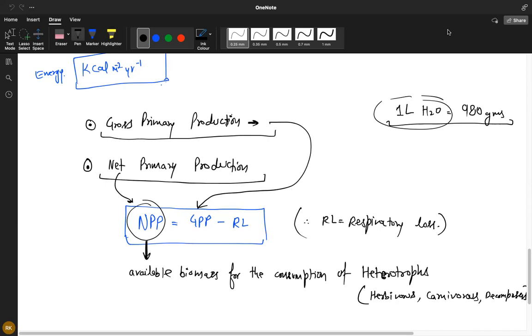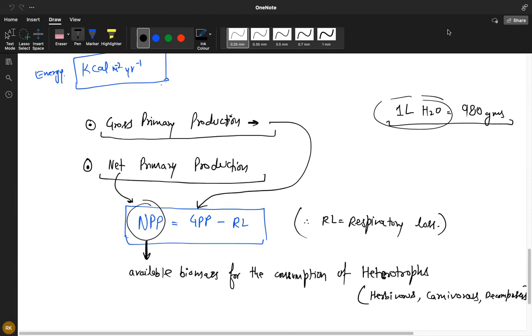As you have told me that you have done pyramids, please just go through the pyramids. I'm sure that you have done pyramids of number, biomass, and energy all. Have you done the pyramids for number in the trophic level, mass in the trophic level, and energy? We mainly discussed pyramids of number. Okay, cool.